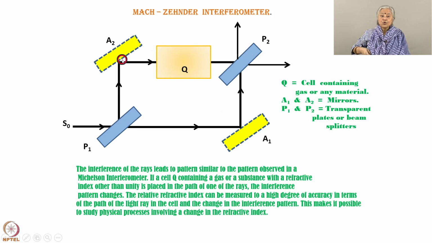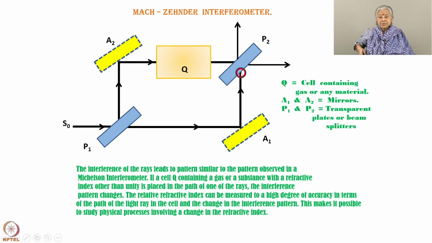In any case, following two paths, there is a phase difference between these two beams. In addition to that, you have one more element here which is adding to that phase difference. And that is exactly what we are going to measure.